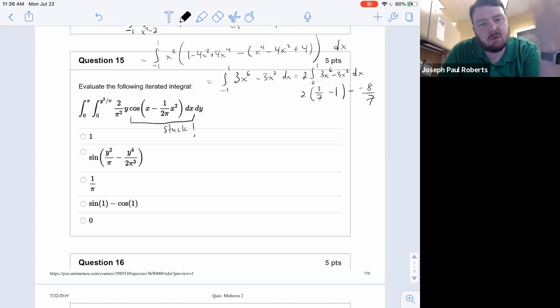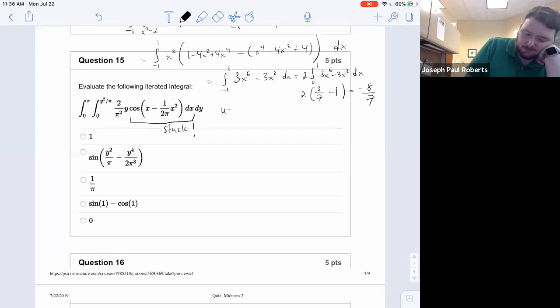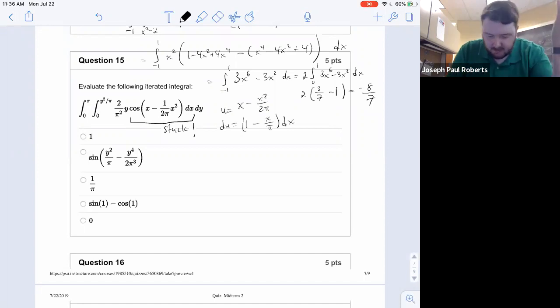But then du is 1 minus x over pi dx, which I don't have.